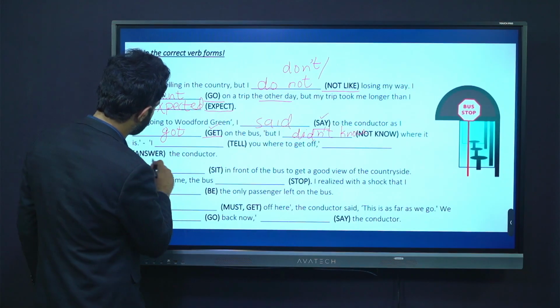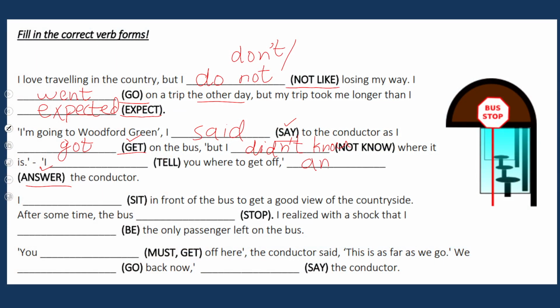Yes, answered the conductor. Conductor ने जवाब दिया. हम पास्ट की बात कर रहे हैं. I told you. Yeah, I have told you where to get off, answered the conductor.